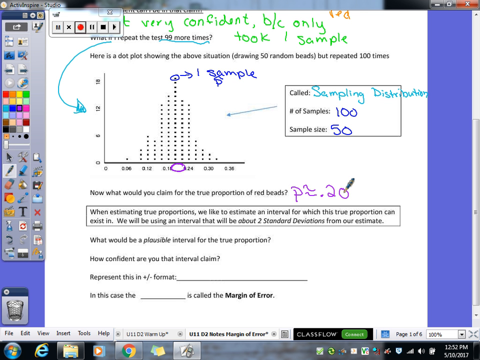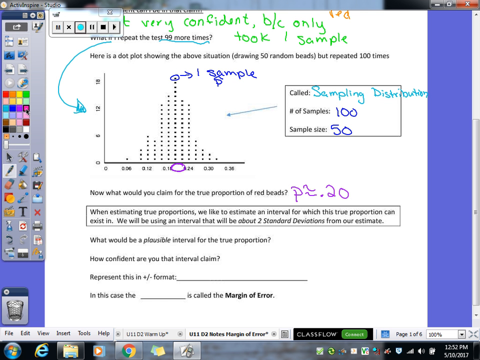When estimating true proportions, we like to estimate an interval in which the true proportion can exist. Because we can say it's approximately 0.20, but the chances of it actually hitting that one value is not very likely. So we try to create an interval and say that within that interval is going to be our true proportion.